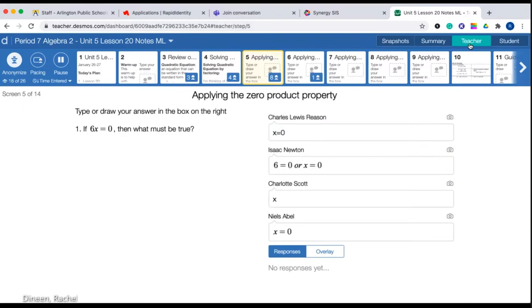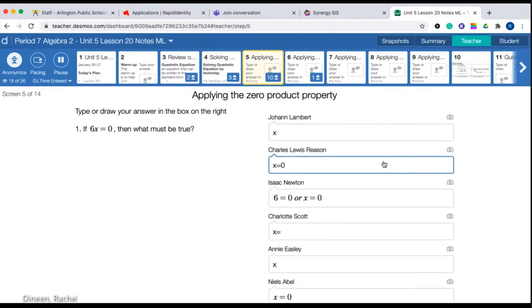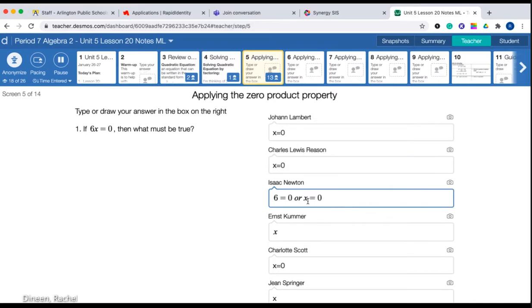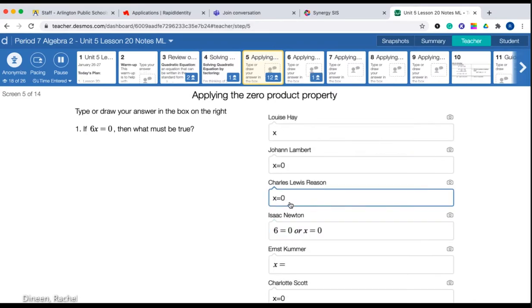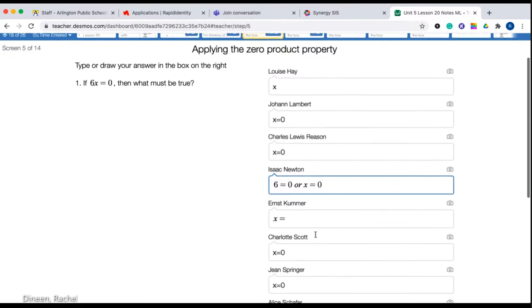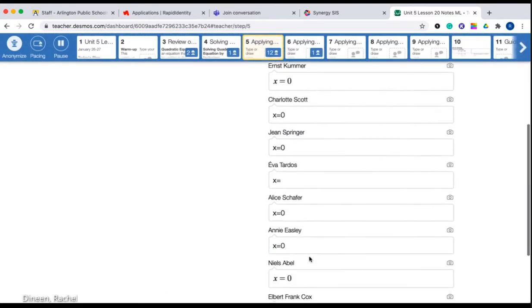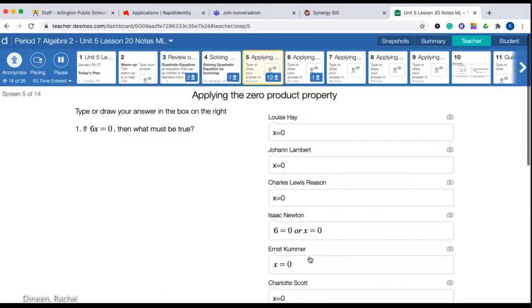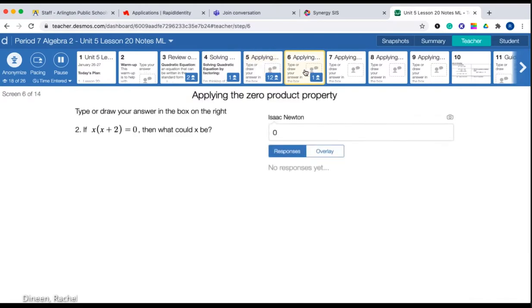X equals 0. Awesome job. Yes. So looking at the responses, I see x equals 0. It would be x equals 0, not 6 equals 0. Yep. Awesome job. Great. All right. Let's move on to slide 6.